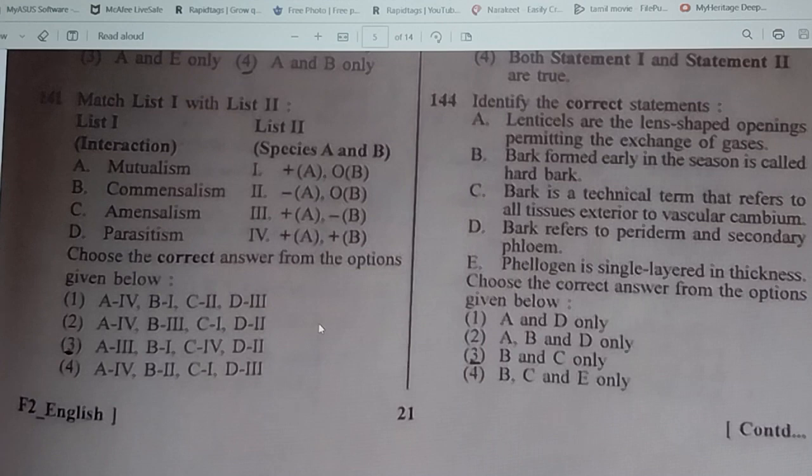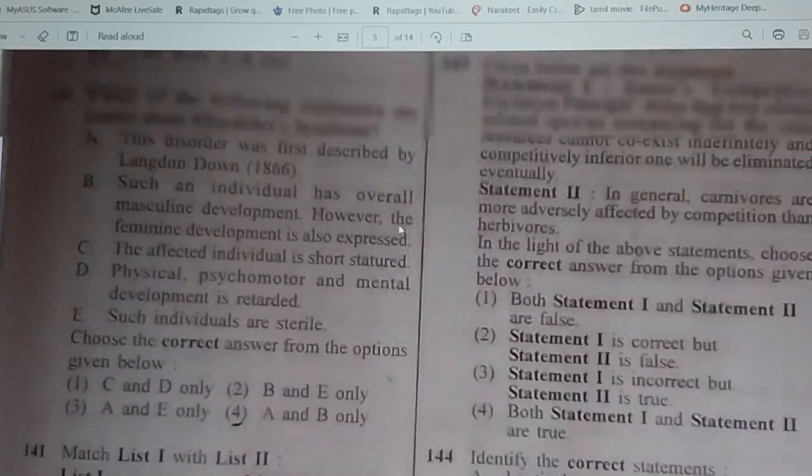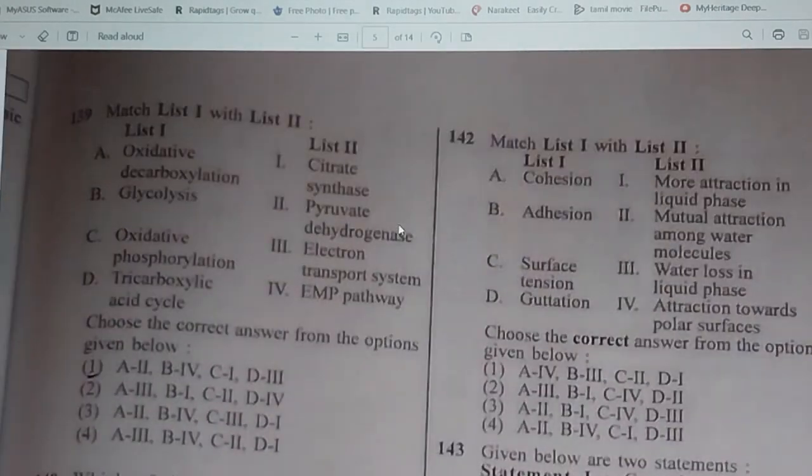Mutualism plus and plus, commensalism plus and 0, amensalism minus and 0, parasitism. So the answer will be option B. Yes. Then we will proceed to 142.